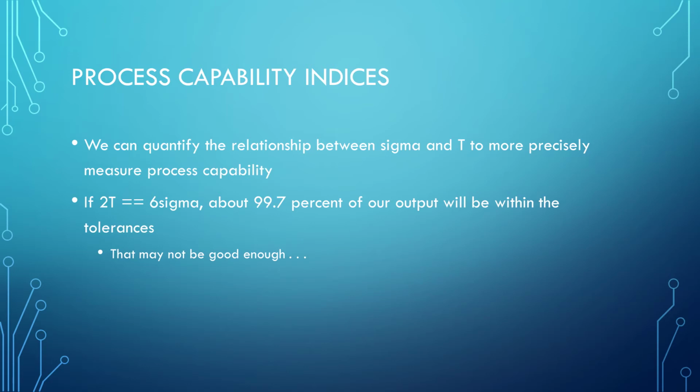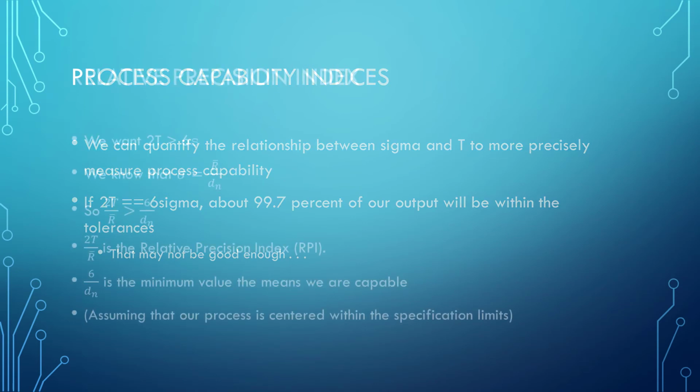If we were putting together 10 things, each of which has a 0.3% probability of being in error, remember that they go together exponentially for the likelihood that the resulting product will have a defect. So just having our process meet the tolerances may not be good enough quality.